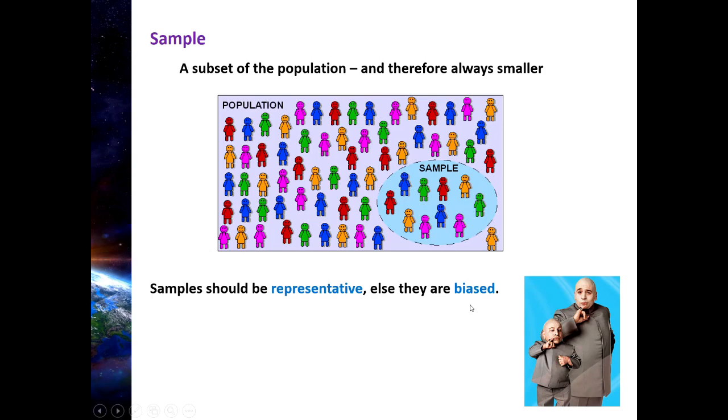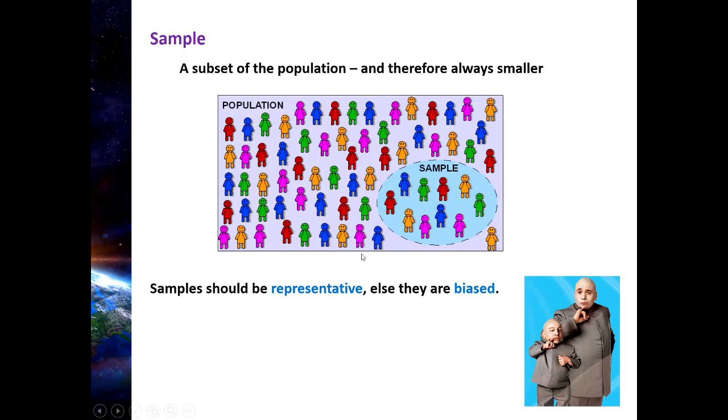It's biased. It would be biased against the pink people. It would not be a good mirror image. So again, to be representative means that whatever characteristics appear in the population, they also appear in the sample.